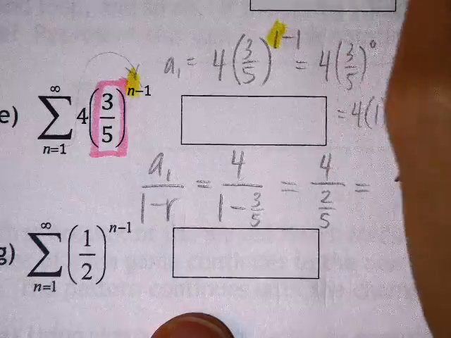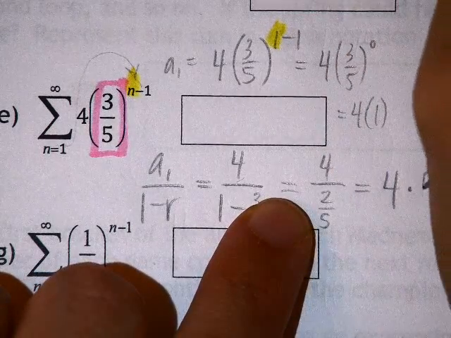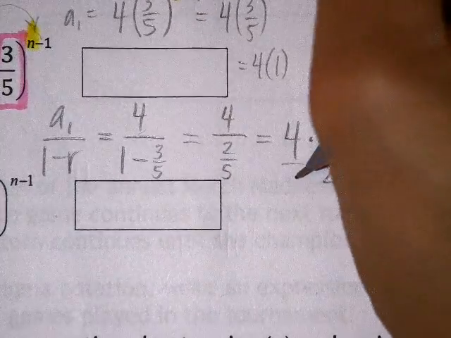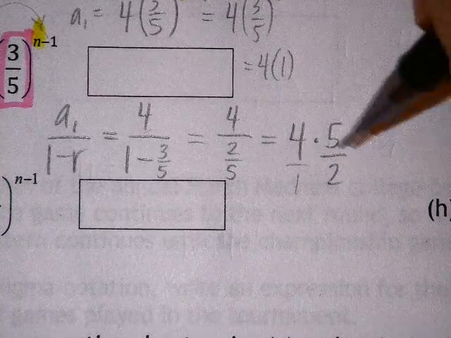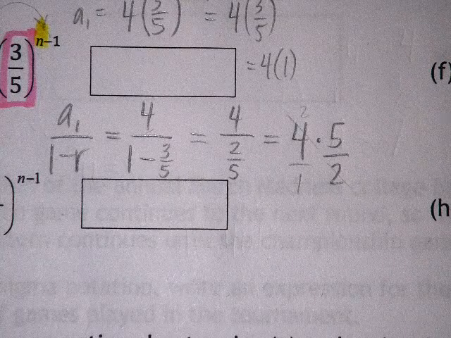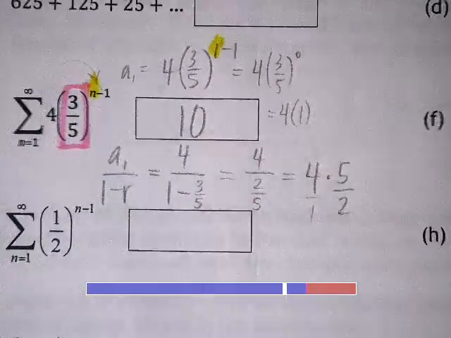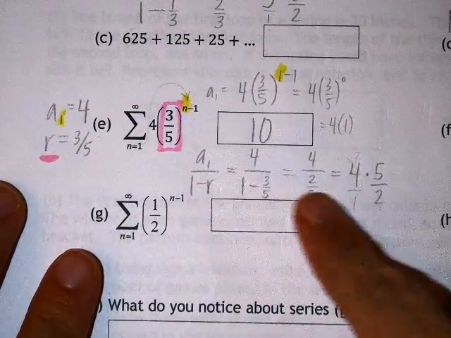And then we can do a keep change flip style setup. 4 times the reciprocal of the denominator, which is 5 over 2. You can clean this up however you want. Some people like to multiply 4 times 5 and then 1 times 2. Some people like to cancel. 2 goes into 4 twice, but either way, by the time you multiply this, you should end up getting an answer of 10.